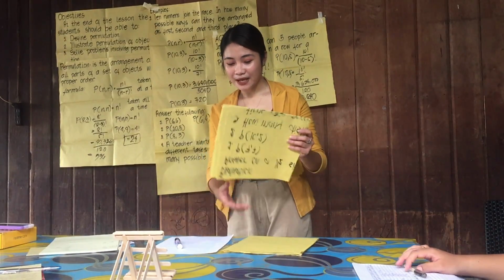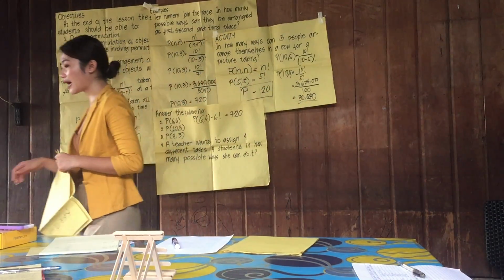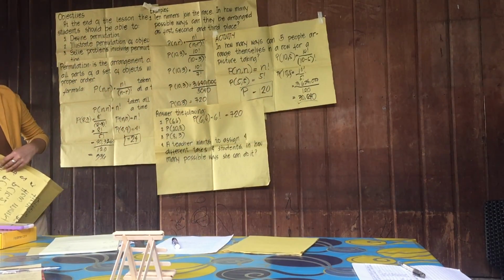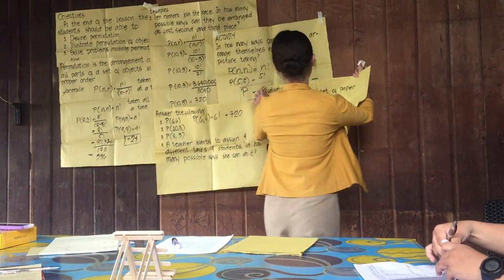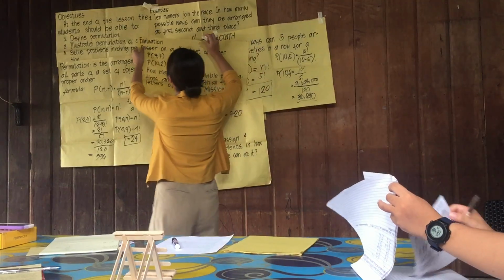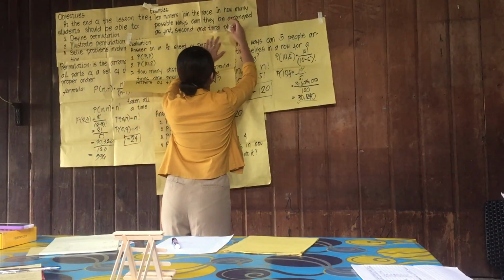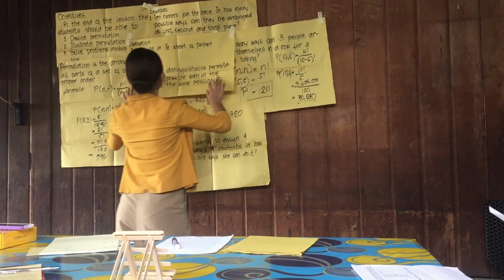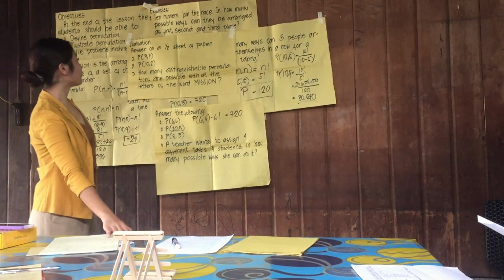So this time I am giving you a quiz. So you get one half sheet of paper. This will be the evaluation. You answer on your one half sheet of paper.